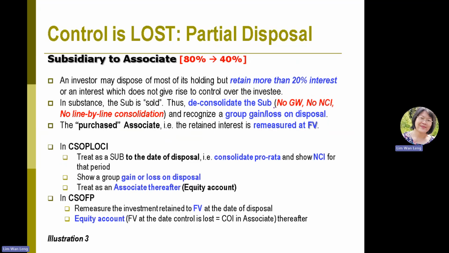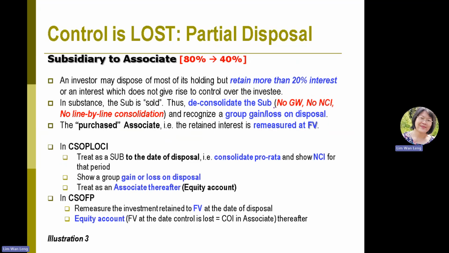So you see, every time we look at the scenario, the same story repeats again and again. Okay, so in the consol SOPL, what do you do? First 3 months as a subsidiary, you consolidate. Last 9 months as an associate, you equity account.